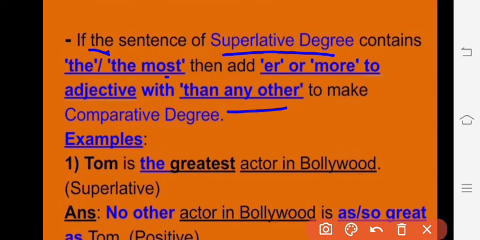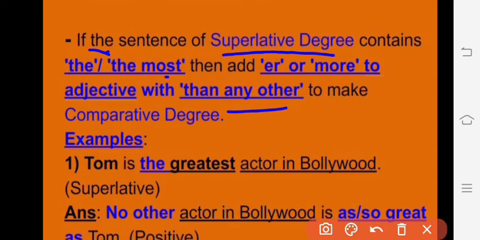We are talking only about sentences containing the or the most. If you want to convert the same situation into comparative degree, you have to apply then any other. This is the first type of degree of comparison, of superlative into comparative and into positive.